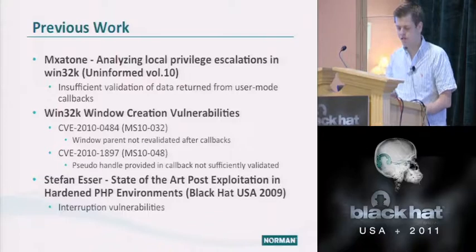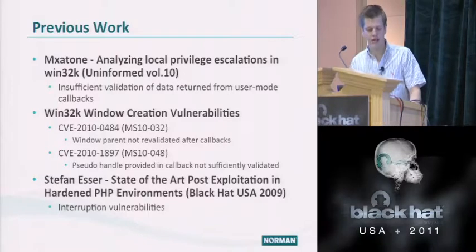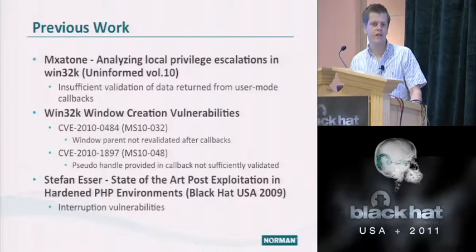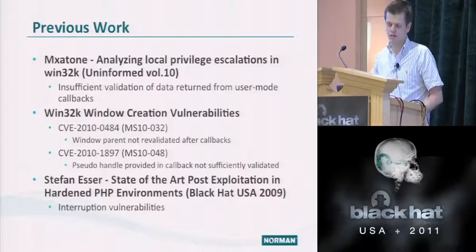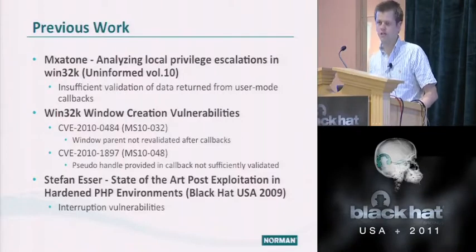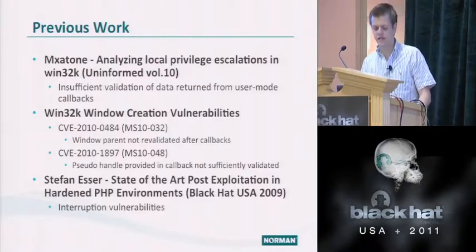So there's some interesting previous work in this field. Thomas Garnier had a paper in Uninformed some years ago on local privilege escalations in Win32k. This was actually on user mode callbacks, but it was more on the validation of the data returned from the callback and not on the state of Win32k itself.